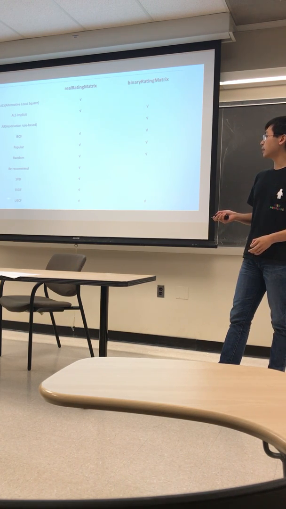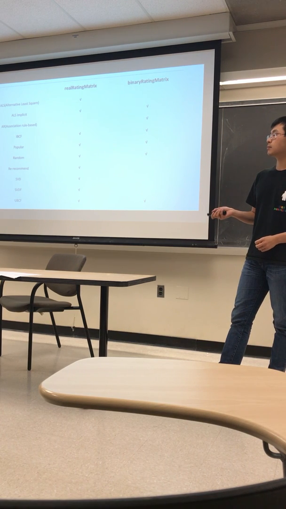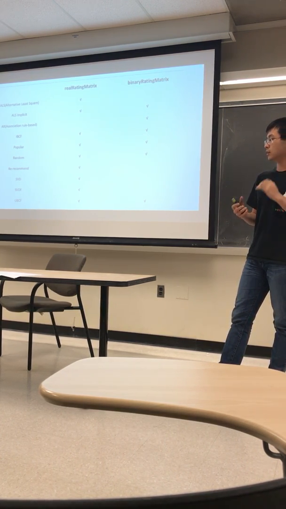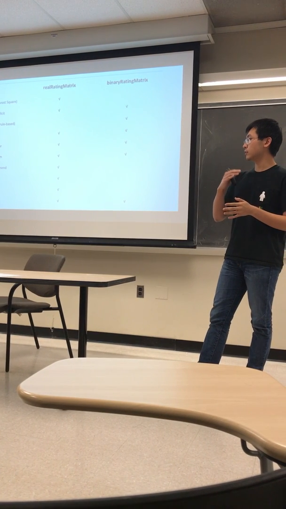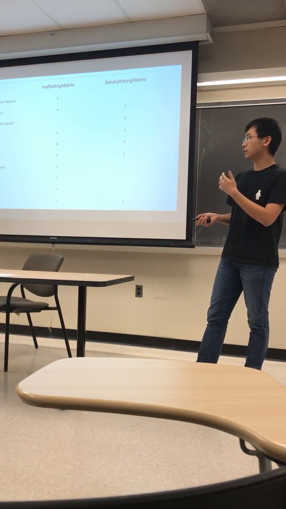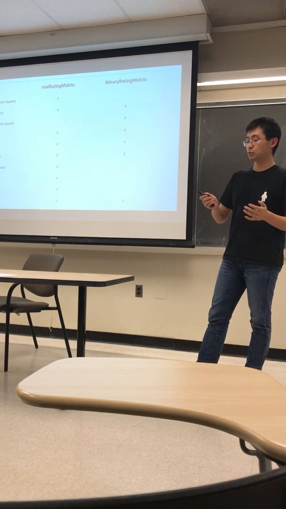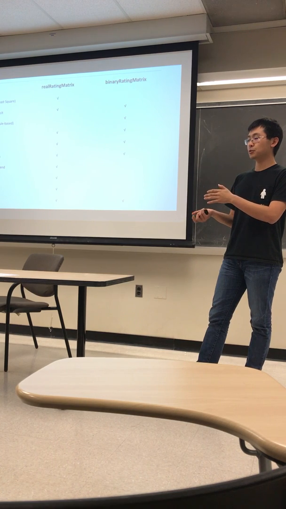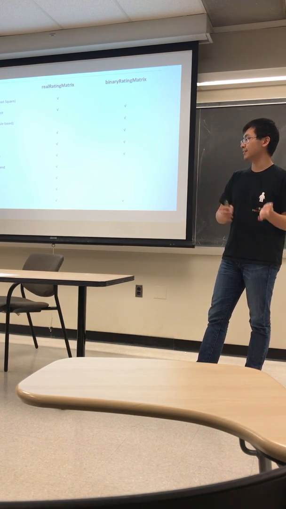So Funk SVD was invented by Simon Funk. He improved it with another loss function, which can judge these sort of things. Basically, after you do the singular value decomposition, you do another linear regression, then calculate the loss function, and then implement the SVD again.